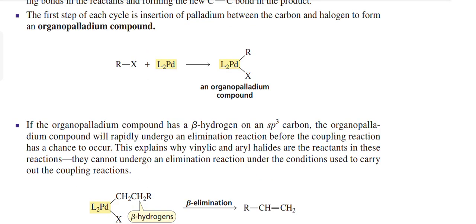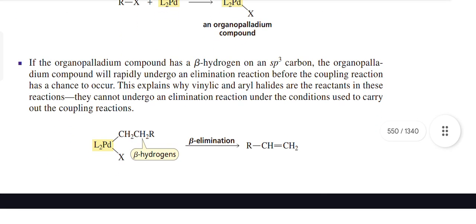If the organopalladium compound has a beta hydrogen on an sp3 carbon, it will rapidly undergo an elimination reaction before the coupling reaction has a chance to occur. This explains why vinylic and aryl halides are the reactants in these reactions. They cannot undergo elimination under the conditions used to carry out the coupling reactions.